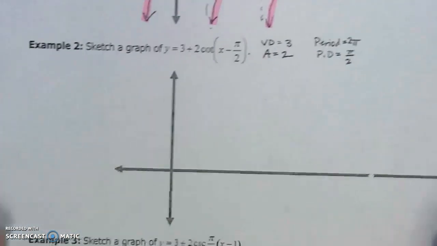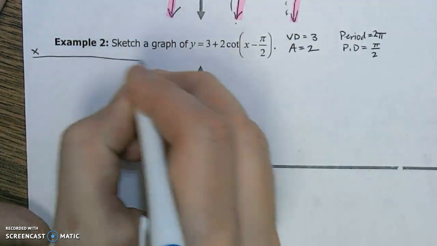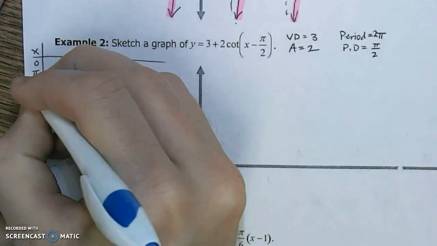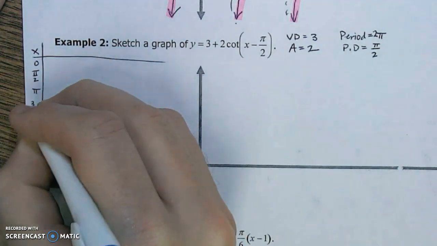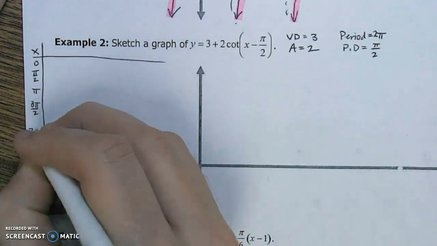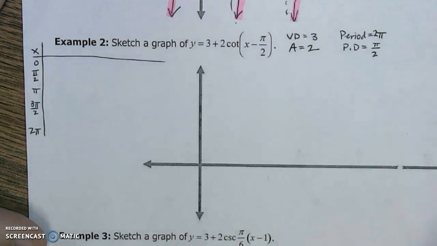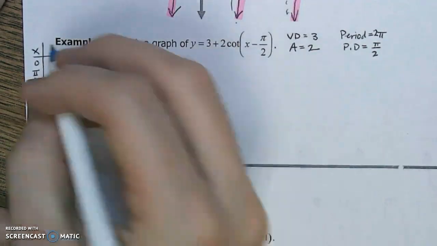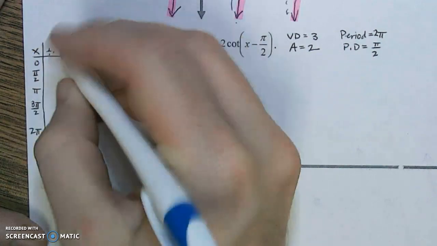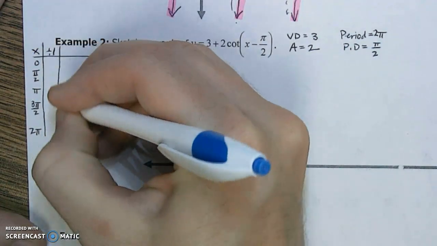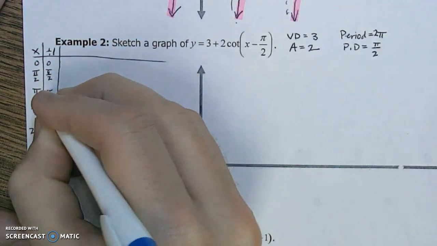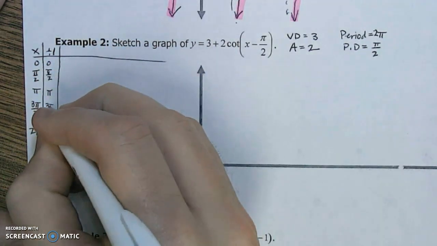Let's make a table. For those of you that like to make tables, we've got x. I've got 0, pi over 2, pi, 3 pi over 2, 2 pi. Then I'm going to divide by 1, which doesn't do anything. I'm dividing by 1 because that's my b value.